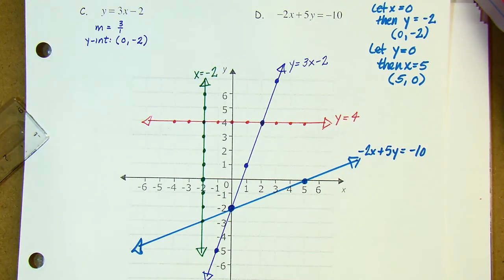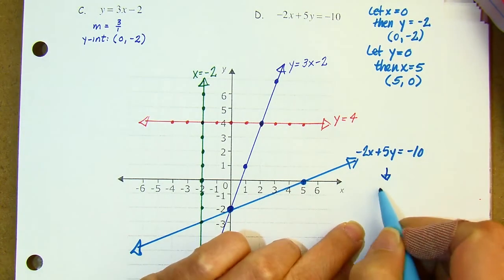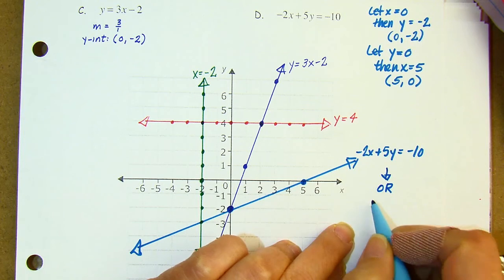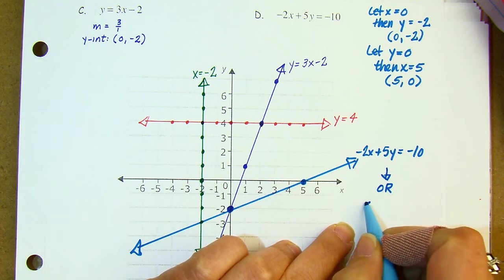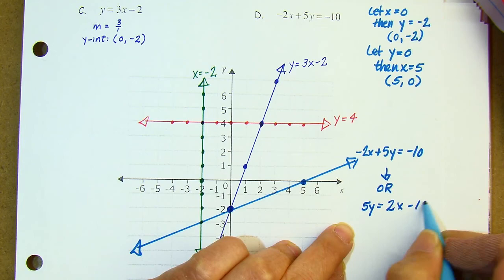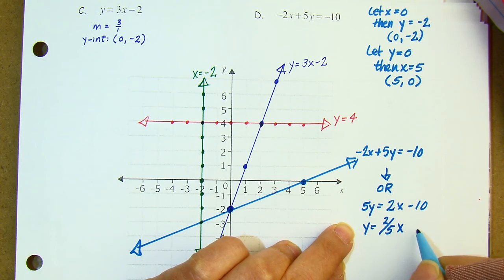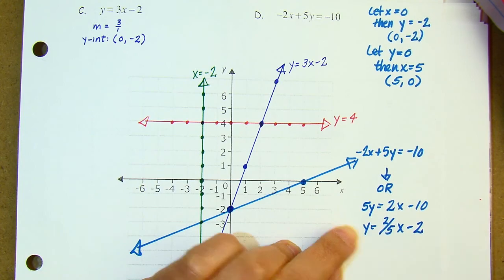You could solve that equation, -2x plus 5y equals -10. You could take the 2x over, so I've got 5y equals +2x minus 10. And then divide by 5, y equals 2 divided by 5 times x minus 2.